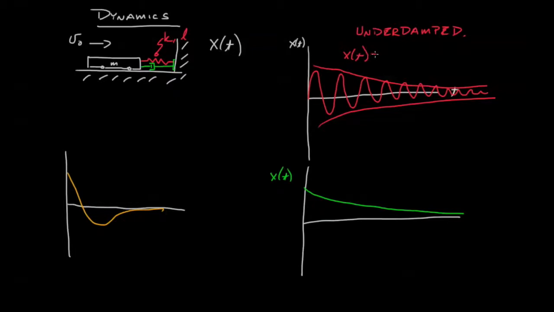It looks exactly like our A cosine omega t plus B sine omega t times some sort of exponential. And in fact, that's exactly what you have. You have e to the negative alpha t, some exponential, multiplied by our A cosine omega t plus B sine omega t. So really simple, really straightforward.